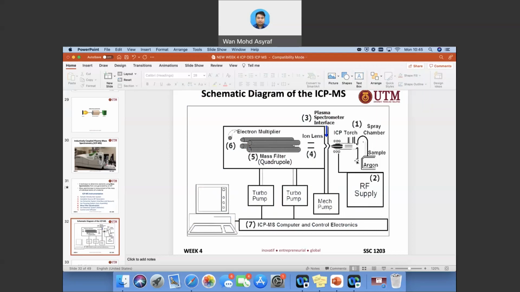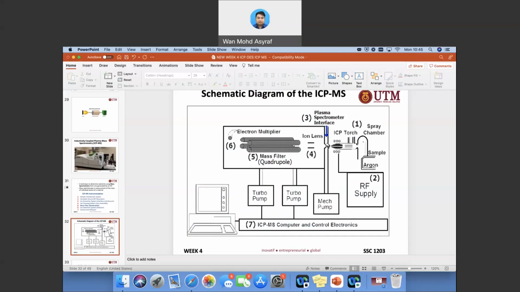It is just that after the emission from the plasma, it will be conducted into the ion lens. The ionization happens inside the flame.